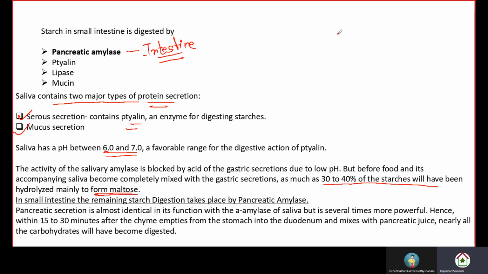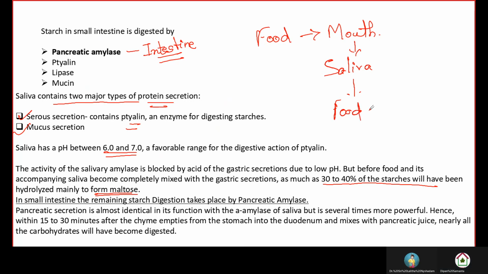When we introduce food into the mouth, saliva starts working, and until the food reaches the stomach, saliva hydrolyzes 30 to 40% of starch. The rest of the starch will be digested in the small intestine, not by saliva.